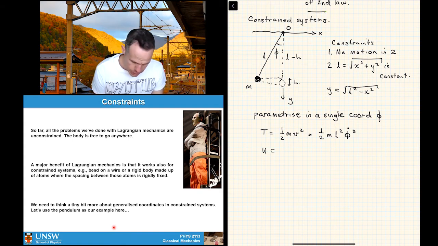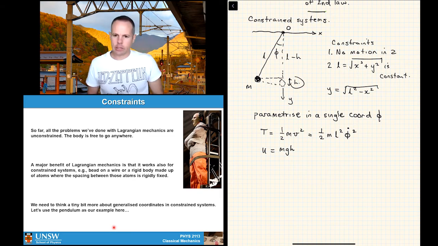The potential energy is mgh, and of course we've got to work out what our little h here is in terms of our new coordinate phi, okay?